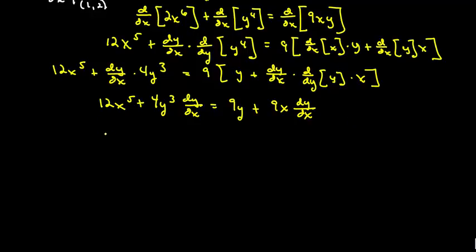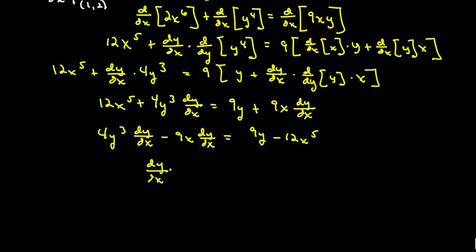So we'll do it like this. We'll say 4y to the 3rd dy/dx minus 9x dy/dx is equal to 9y minus 12x to the 5th. So we'll factor out the dy/dx on the left side.